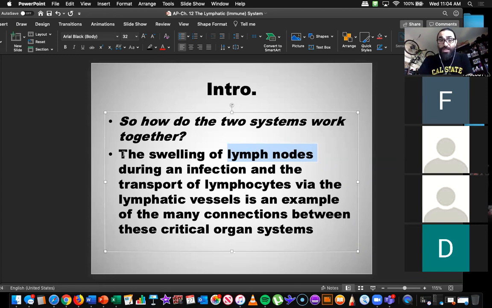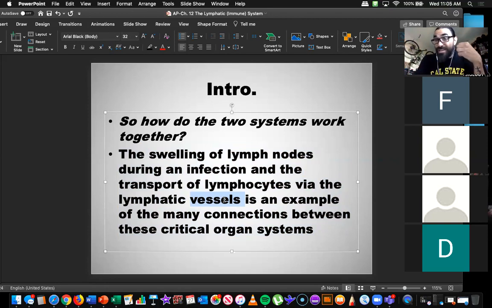So the way these two systems work together is, if that lymph node swells up during an infection, these things called lymphocytes, which we'll talk about, another word for a white blood cell, travel through the vessels or the tubes of the lymphatic system. Okay, and so that's how those two systems work together.